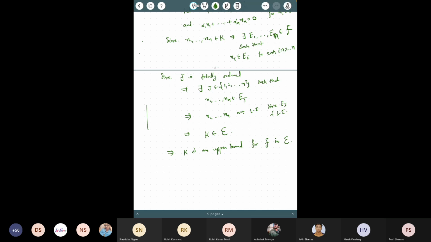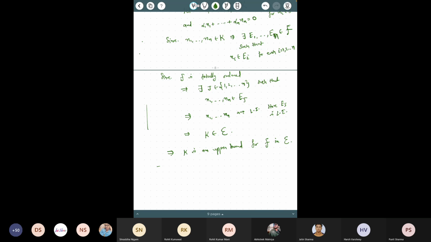But we started with any totally ordered set F. So we can say that every totally ordered set in this poset has an upper bound. So what does that mean? It means that by Zorn's lemma, this set E has a maximal element.